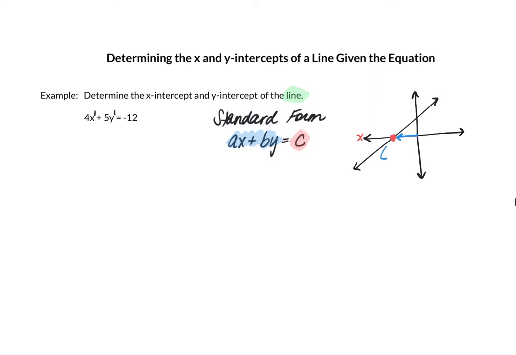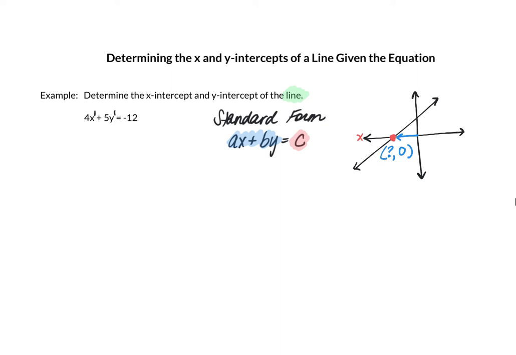So if I think of this as a coordinate, I don't know the x value, so I'll put a question mark there, because I know I'm going to move to the left a certain number of units. But the y value, remember, is how many units I'm going to move up or down away from the x-axis. I know that the y value is 0 because this x-intercept is a point on the x-axis.